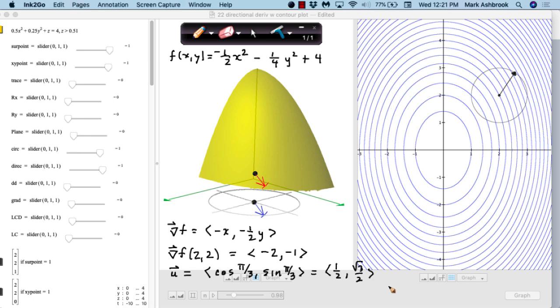Rate of change? You get the rate of change? We do? Dot product, right? So we want the directional derivative. D sub u f(2,2) is going to be that dot that.